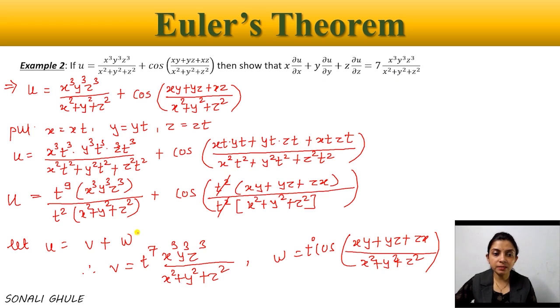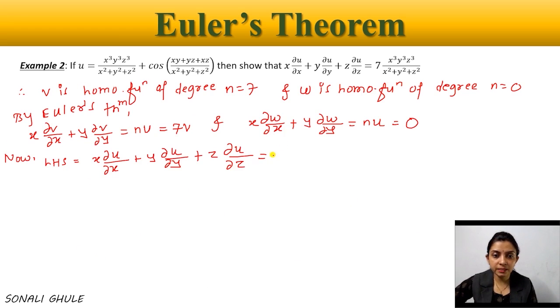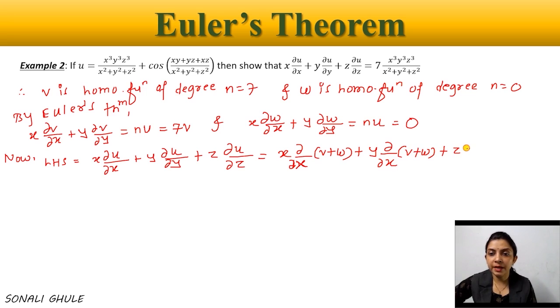We have considered u as v plus w. So I can replace here x ∂/∂x of (v plus w) plus y ∂/∂y of (v plus w) plus z ∂/∂z of (v plus w), right?